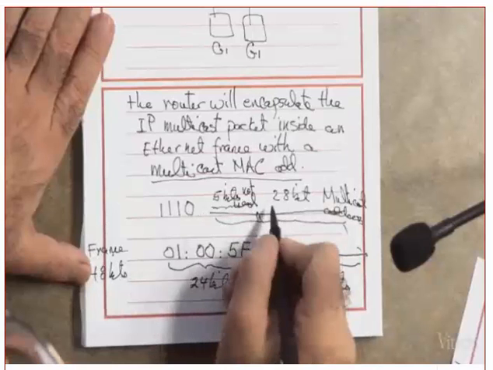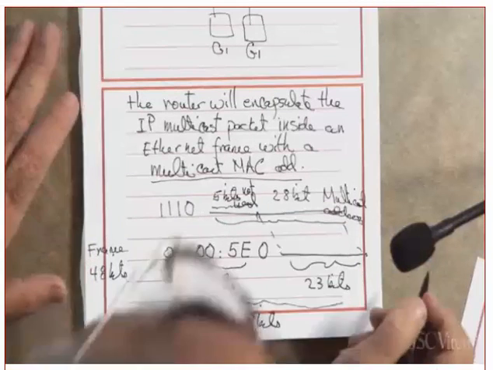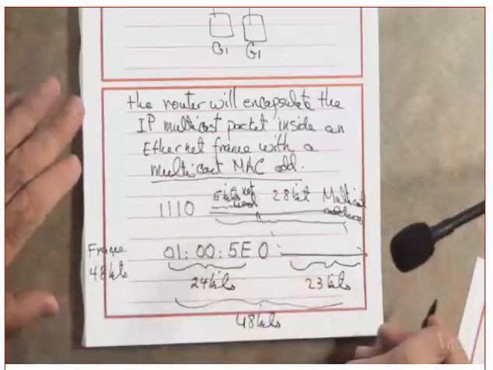A quick review from last time. Then we started looking at the next one, which is the Internet Group Management Protocol. That's the second part of multicasting.